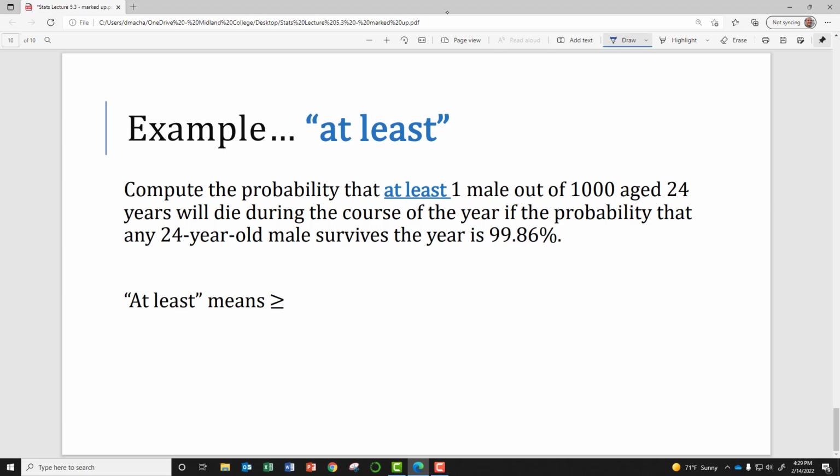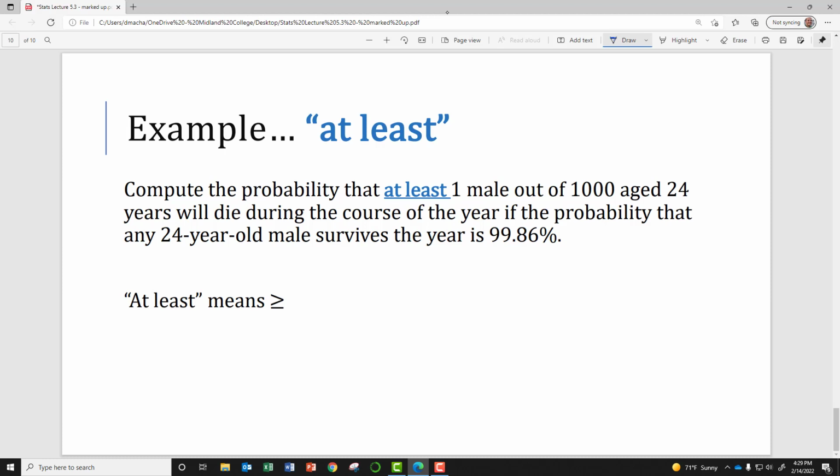The last thing that we'll talk about before this video is over is the word at least. So make sure you are able to interpret mathematically whenever you see at least in a word problem. So this is my example. Let's compute the probability that at least one male out of 1,000, so you've got the sample size of 1,000, aged 24 years will die during the course of the year if the probability that any 24-year-old male survives the year is 99.86%.